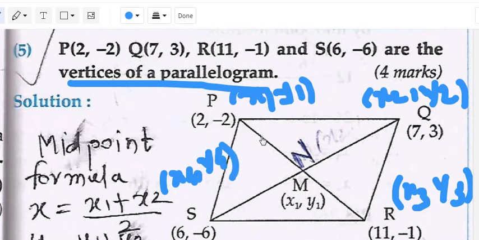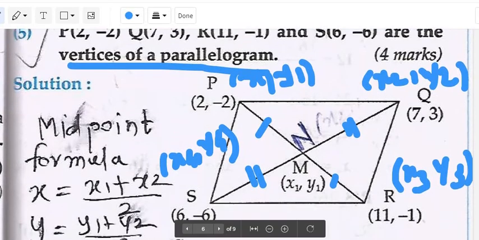Now we know that diagonals of a parallelogram bisect each other. Bisect means PM is equal to MR and SN is equal to NQ. We know this formula, but we have to prove that this is a parallelogram, that is not given.